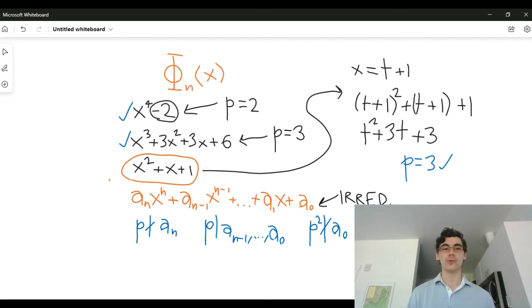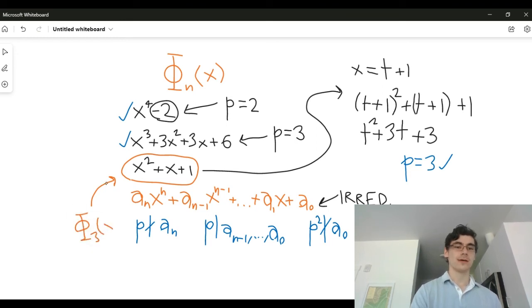So here what we had was actually the third cyclotomic polynomial. It's the polynomial whose roots are the third roots of unity, the primitive ones. So this is phi_3 of x. And you can prove more generally that whenever this number right here is prime, then this polynomial will be irreducible. But yeah, so that proves that all of these polynomials are irreducible, and that's it.